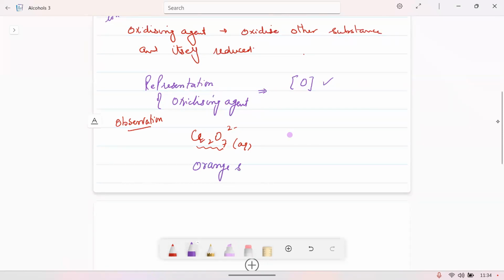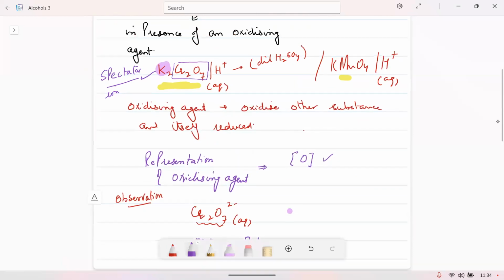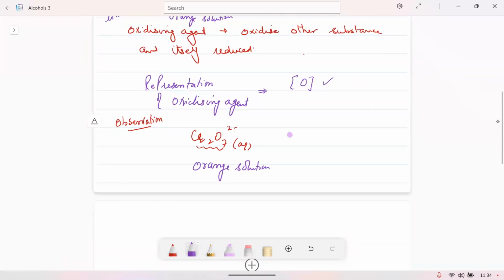It is an orange solution. So the K2Cr2O7 is originally an orange solution, and the color is because of the dichromate ion. Why the dichromate ion? Because chromium is a transition metal. So remember, it is the transition metals that are colored.